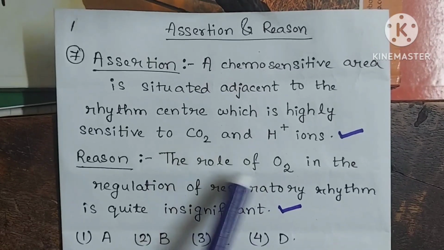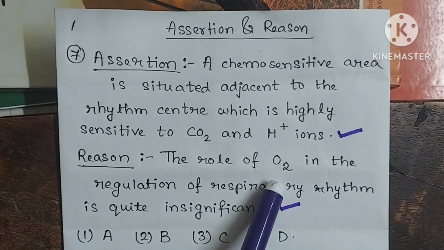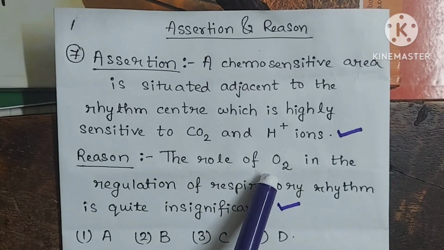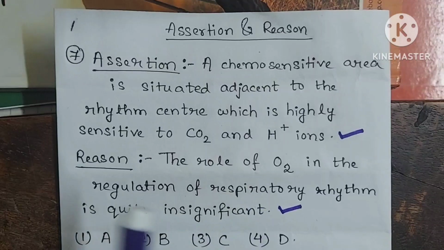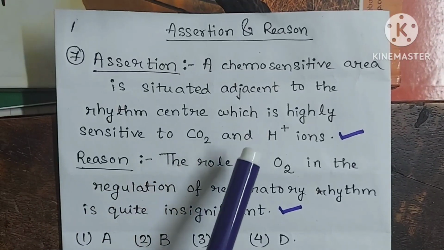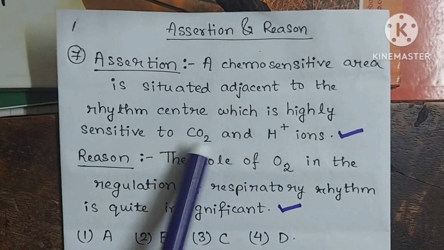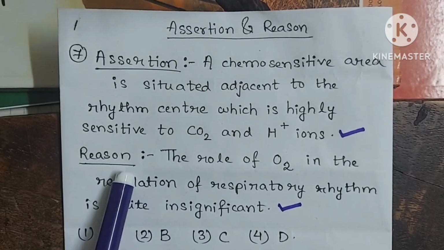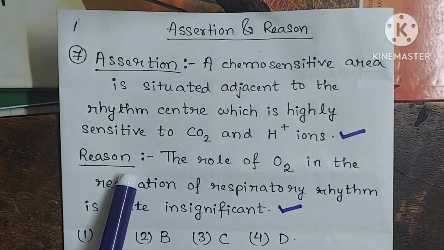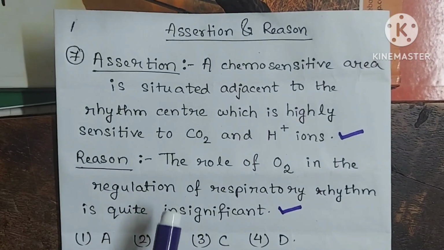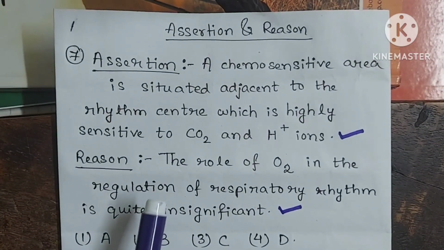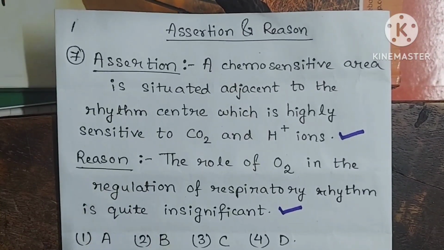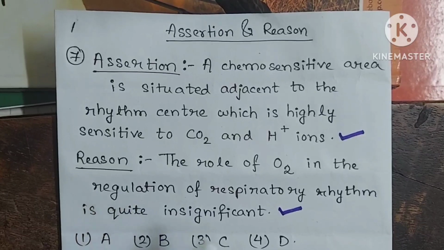Then how can the role of oxygen explain the high sensitivity of the chemosensitive area towards carbon dioxide and H plus? That means the reason does not explain the assertion. Reason is not the correct explanation of assertion, but assertion and reason both are true.